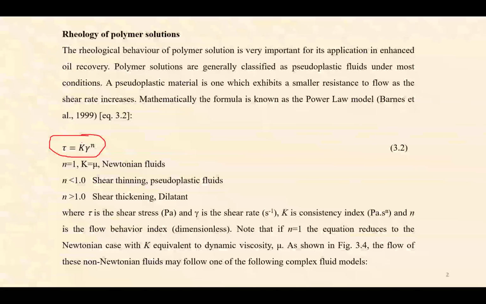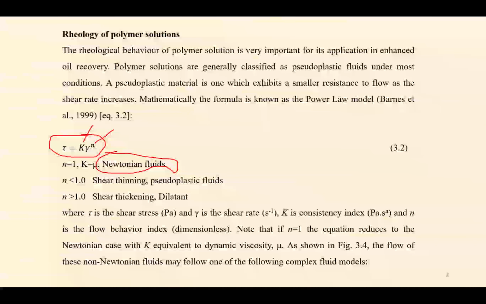One is K, that is the consistency of the fluid, and n is the flow behavior index. If the value of n equals 1, then K will be equal to mu, and your case is the Newtonian fluid.